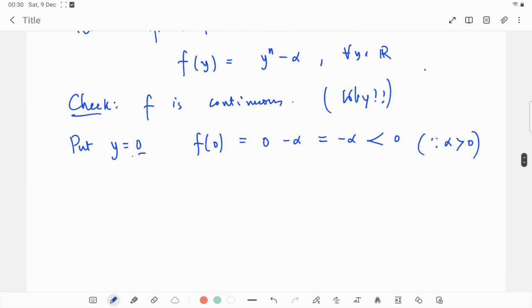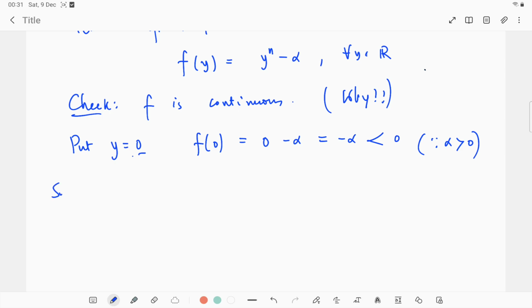Now if we can show that there exists an element in R such that its nth power is greater than alpha, then we are done, right?